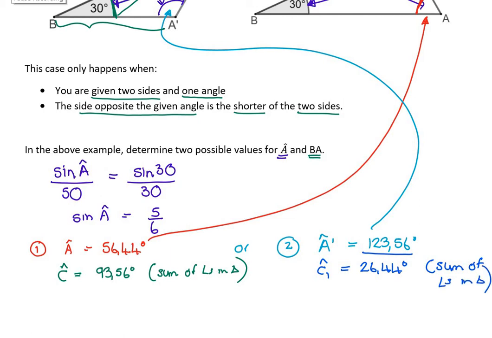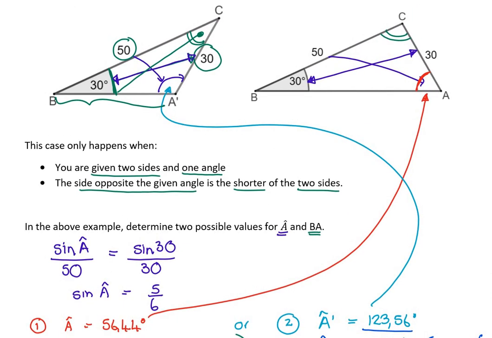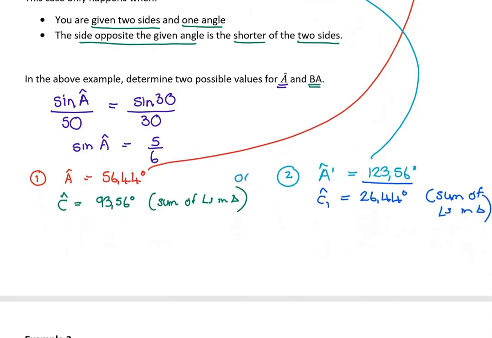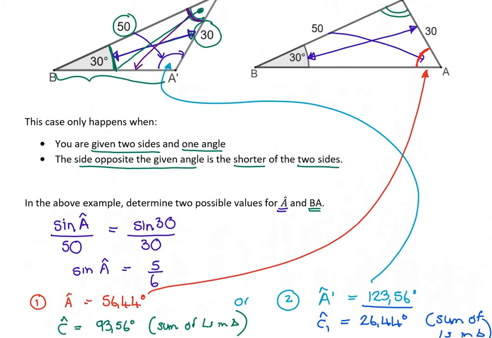But what that means now, in finding BA, I'm going to have to do two separate sine rule examples, because there's angle C and opposite is AB. So if I want to find, let me do my acute angle triangle first. So if I want to find AB, AB is opposite angle C, so this is sine of 93.56, and that'll be equal to, and I always pick the ones I was given.